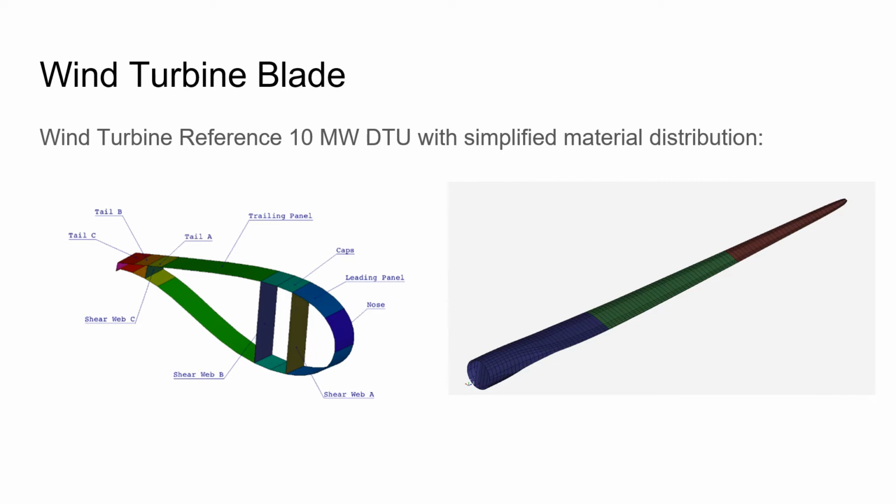In the span-wise direction, also 3 regions are defined with a constant material distribution. In total, 24 different thickness variables are defined to represent the simplified composite material distribution of the wind turbine blade.